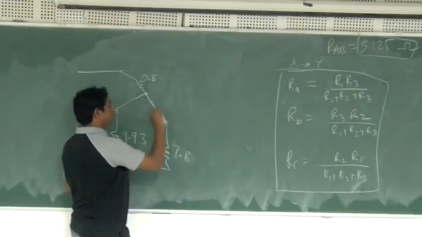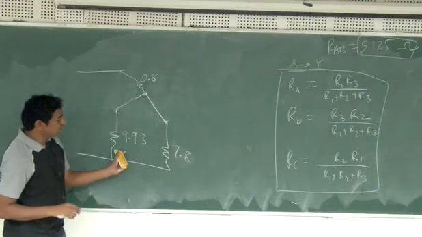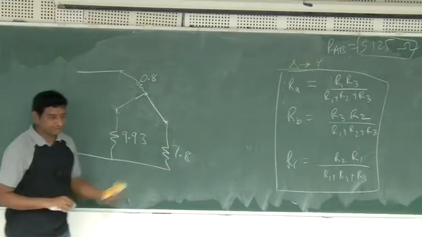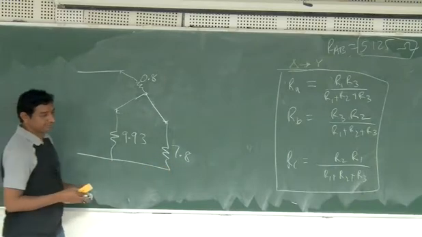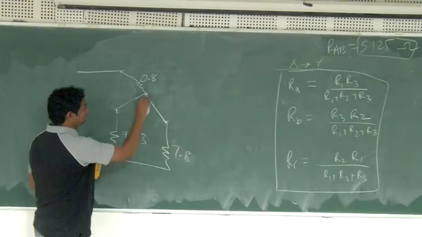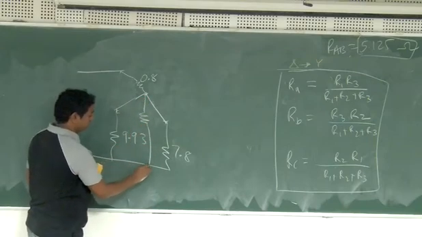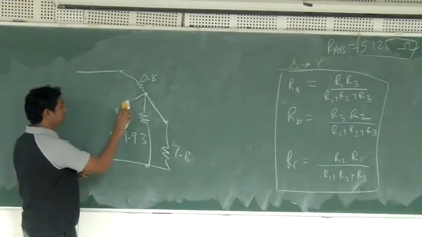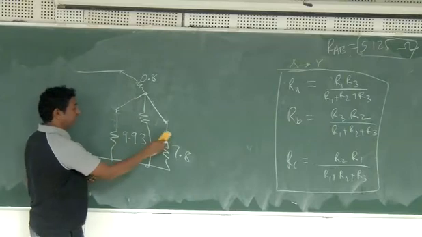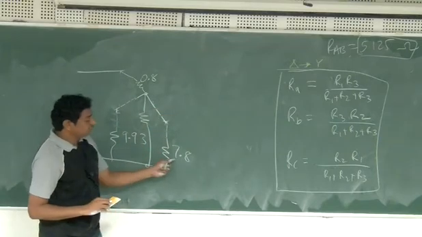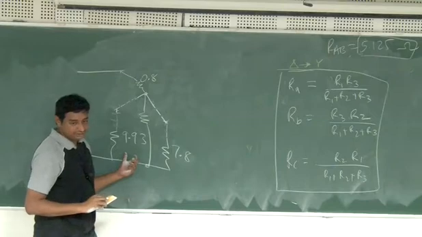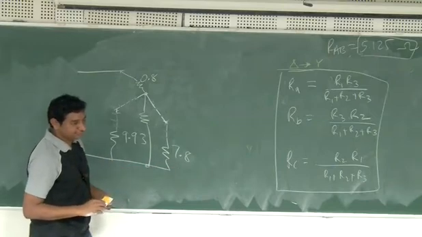What next? These two are parallel. 9.93 into 7.8 divided by the addition of these two.